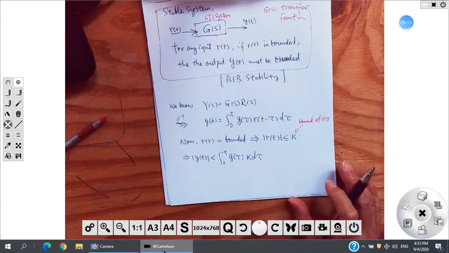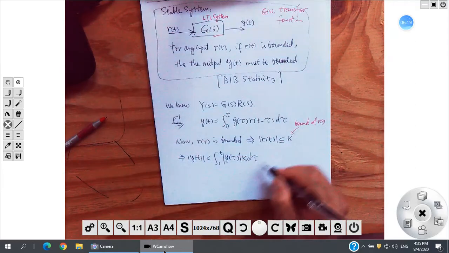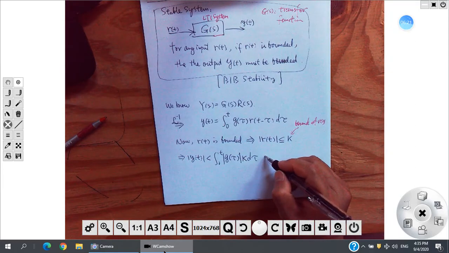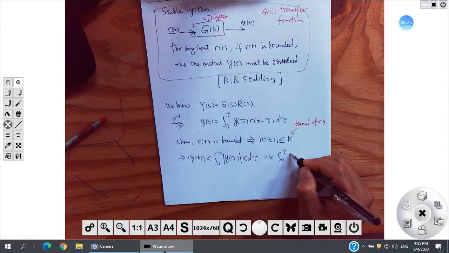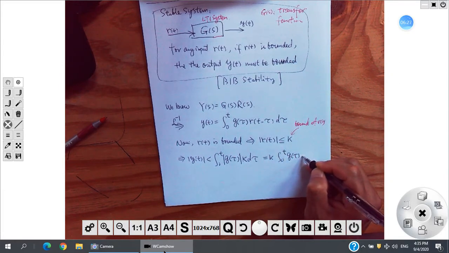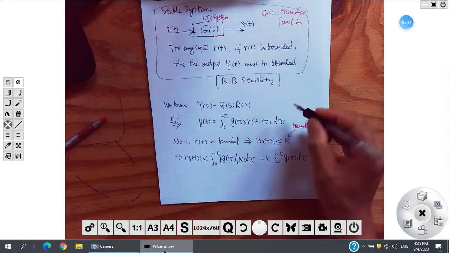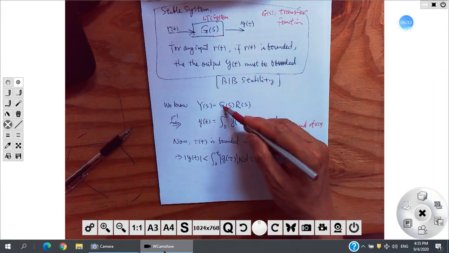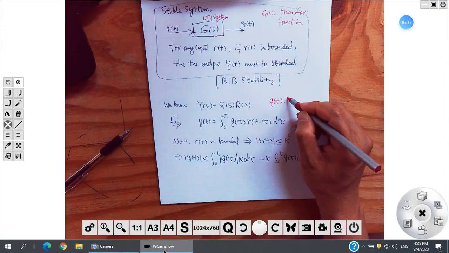And the absolute value, both are positive. So this is just k times the integration of g of tau d tau. Okay, yeah. g is the inverse Laplace transform of capital G. That is the impulse response, right?